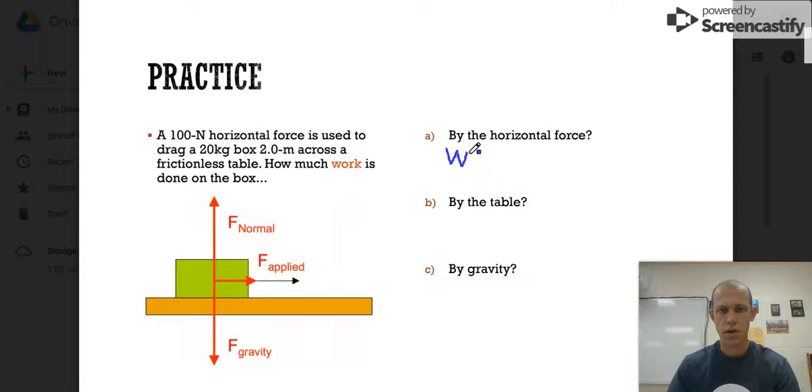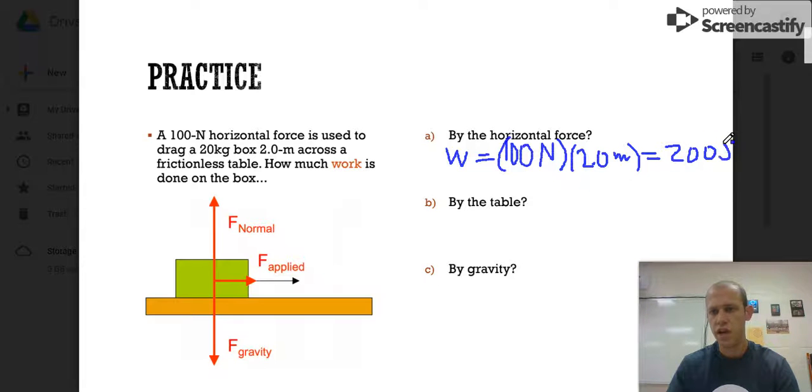Work is equal to the force parallel, which would be the 100 newtons, multiplied by the distance that it travels, 2.0 meters. When we calculate that out, we will get 200, and with significant figures, there only needs to be one. So 200 J, capitalized for joules.